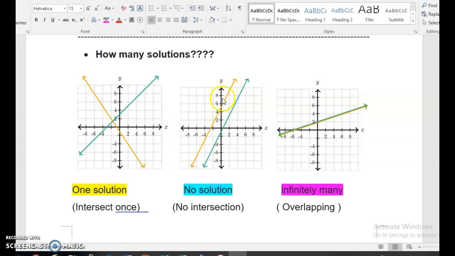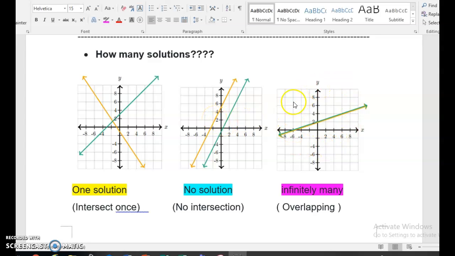That means they tilted the same degree. When you find the slope, you just look at these two lines. They tilted exactly the same angles. They will never intersect each other. They will never hit each other.